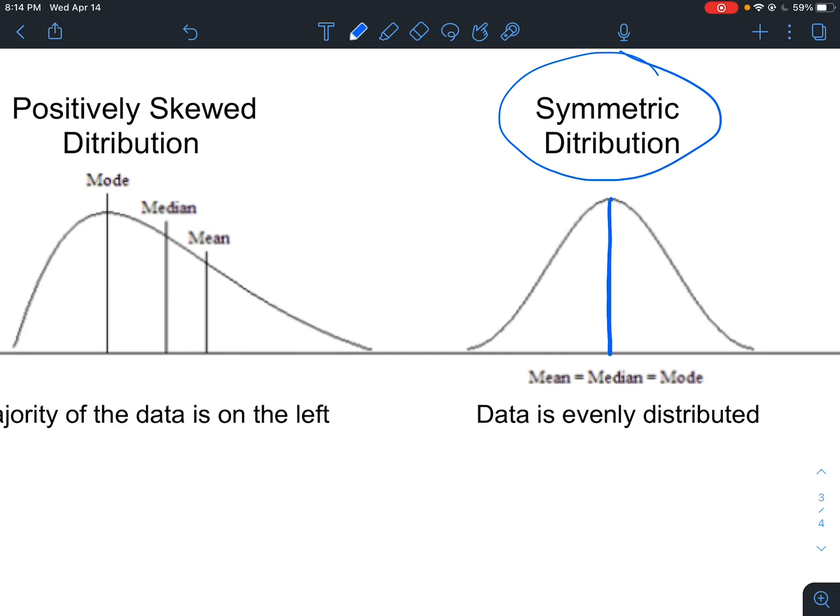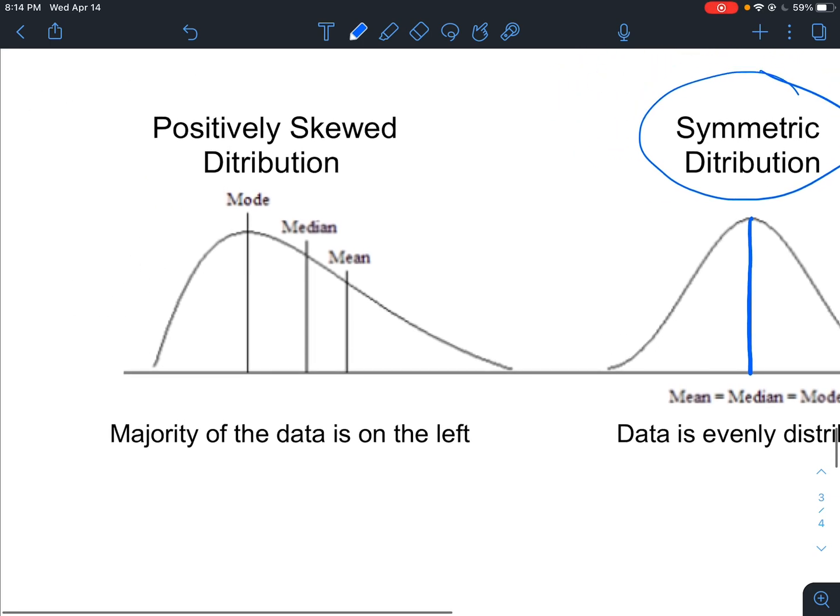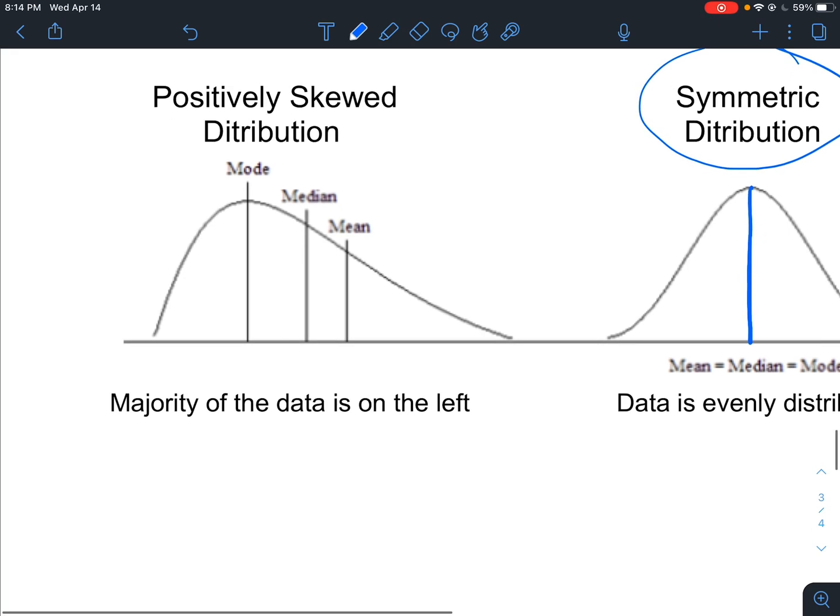But in something that's skewed, like if you have data that looks something like this kind of curve, the mean ends up lying a little bit more to the left or to the right of your median, because you have a lot of data that might be skewed right here.